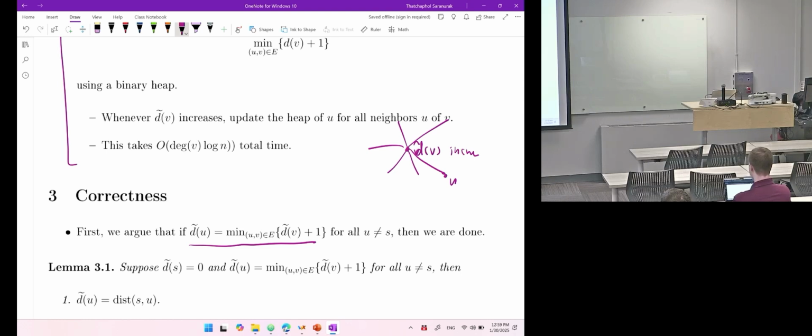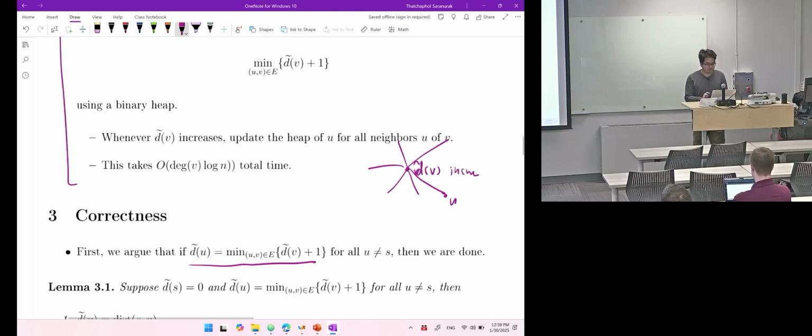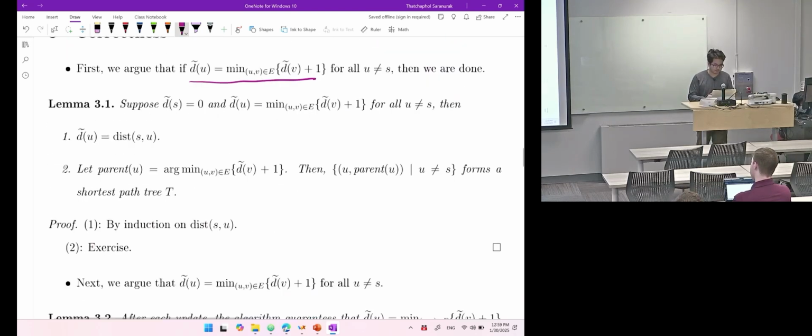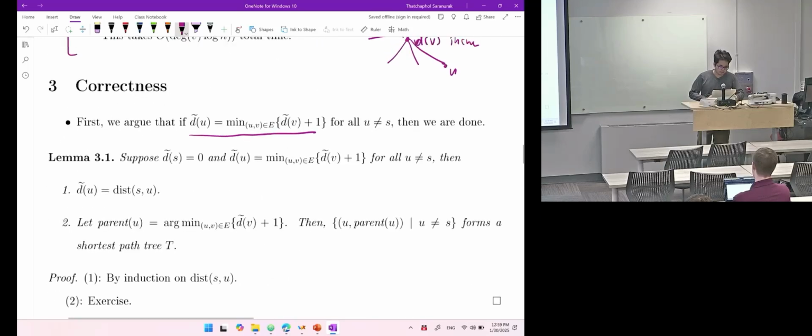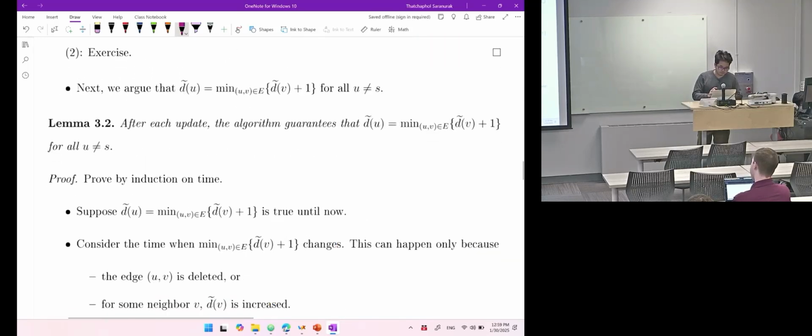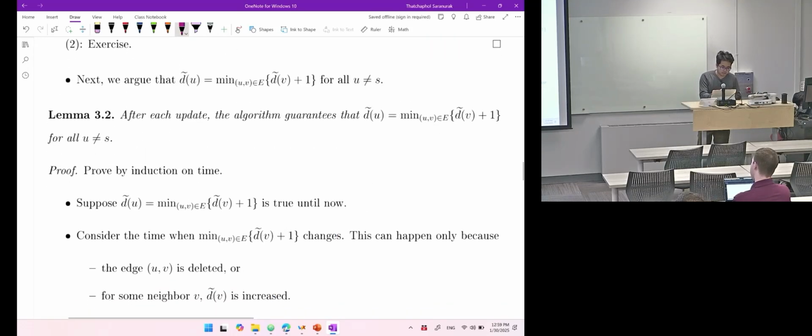And why is it the case that this is true for every node? The intuition is just that whenever it's not true, okay. I'm just going to prove this now. Next, we're going to argue that this is true for every node.